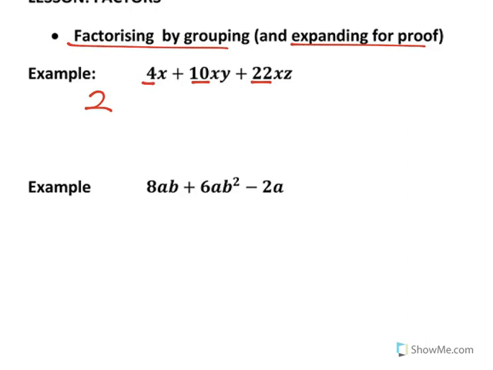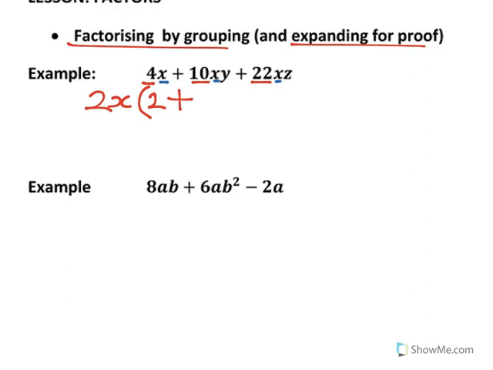The next thing common, if you look, is that x is common, so we are going to take out x. Now when you take out x, what is going to remain inside? 4 divided by 2, you're going to get a 2. X divided by x, you're going to get a 1.